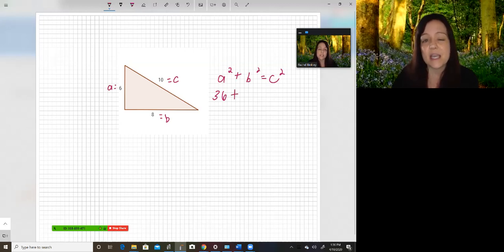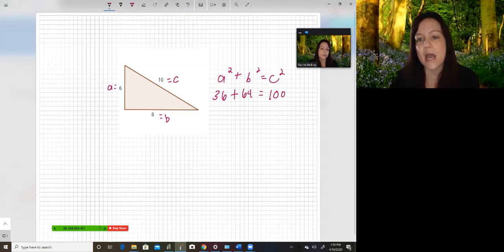If my B is 8, that means B squared is 64. And if C is 10, that means C squared is 100. So we're asking ourselves, is this statement true? If this statement is true, then it is a right triangle. So you're asking yourself, is 36 plus 64 equal to 100?